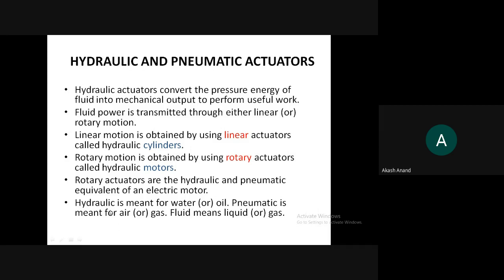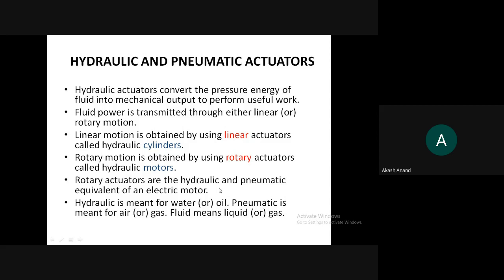Rotary actuators are the hydraulic and pneumatic equivalent of the electric motor. What happens in an electric motor is that when electric energy is given to the electric motor, it produces a rotary motion. In the case of a hydraulic actuator, hydraulic energy is given as input and a rotary motion is taken as output.